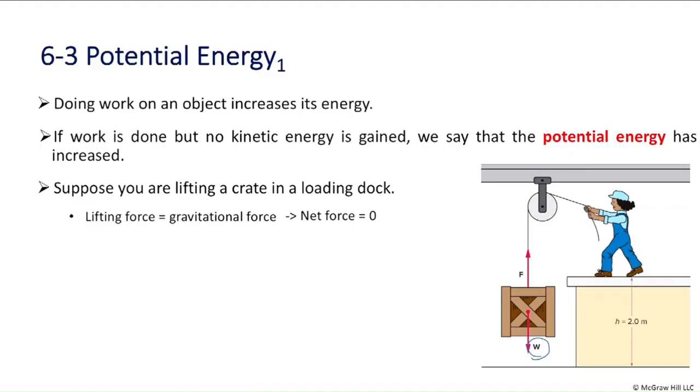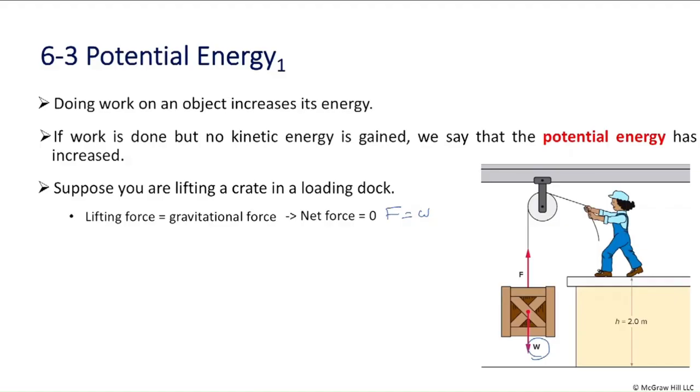If F equals W, then net force is 0. That means the crate moves upward at a constant velocity, so its kinetic energy doesn't change. If the velocity is constant, v is not changing, that means kinetic energy is not changing since the speed is the same. So final speed equals initial speed. That means no change in kinetic energy.